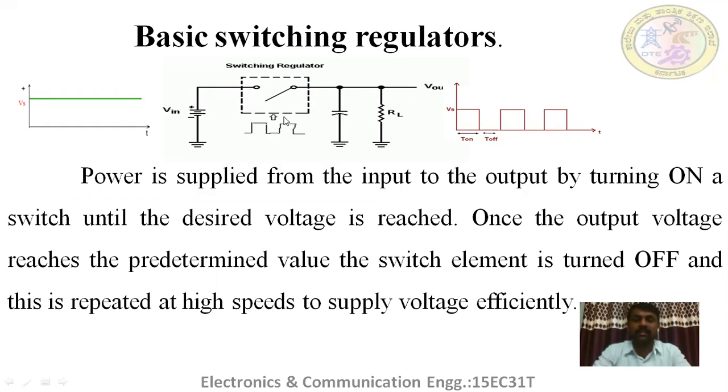What is this efficiency? Efficiency is the ability of any circuit or device to provide the required output. So 90% efficiency of the switching regulator means it provides 90% of the desired value, 90% of achievement, right?